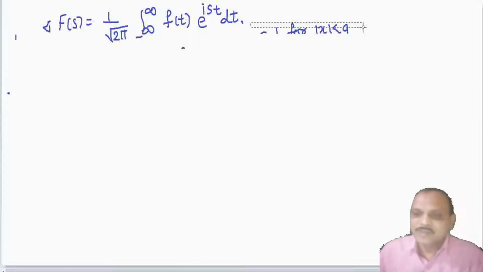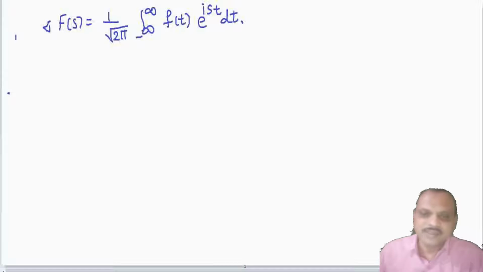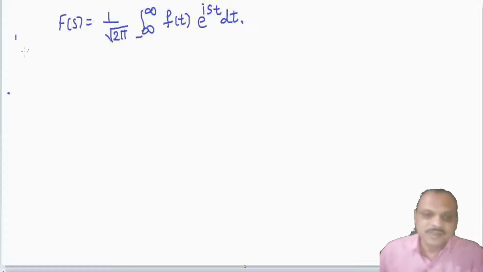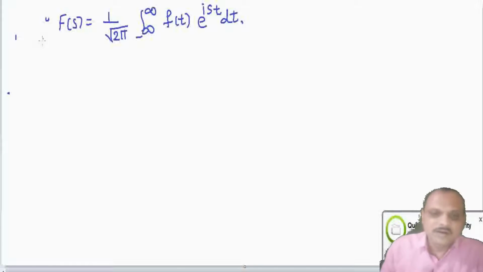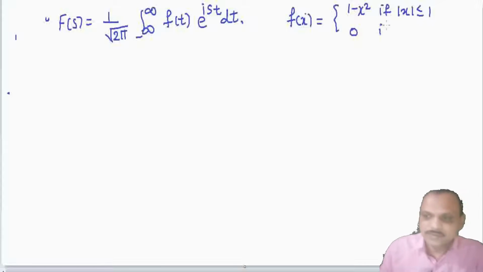And if you remember the small techniques of how to derive it, we can easily recall this, and using this we can find the Fourier transforms of various examples. So let us take a function f of x equal to 1 minus x square if mod x is less than or equal to 1, 0 if mod x is greater than 1.